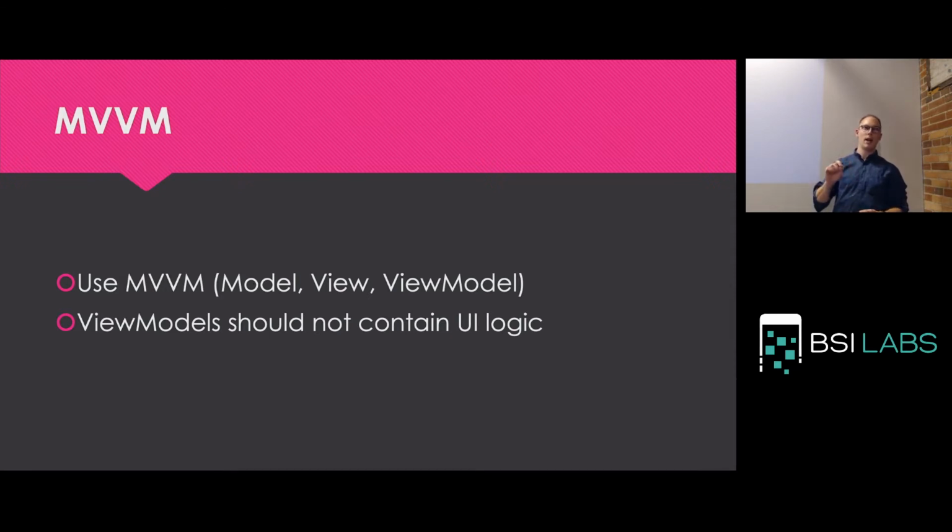Now, I'd asterisk that because you don't always want to overload your model, and we'll talk about that in the next few slides. Your view model should not contain a lot of view logic. It should be relatively pure, just displaying data in a pure format if you can possibly get away with it. It's not always possible, but there are some tricks to keep your view models relatively clean.